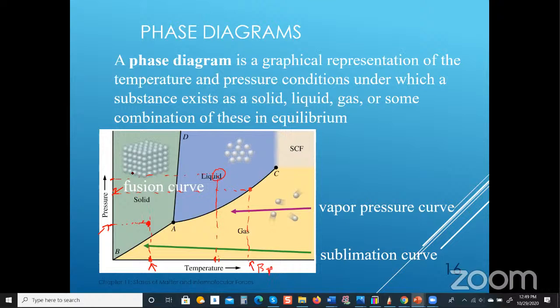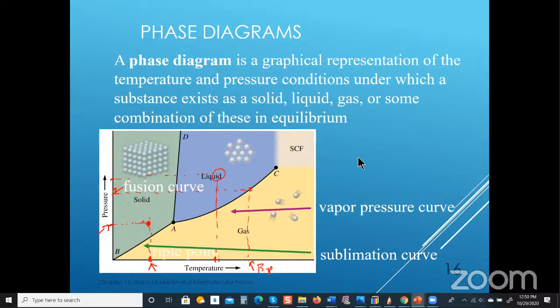So that's basically how we use the phase diagram for different substances. We can tell whether a substance will exist in a particular state by itself, or whether it will exist as two coexisting states, based on what their pressure and temperature would be correspondingly, all right? So that's the phase diagram.